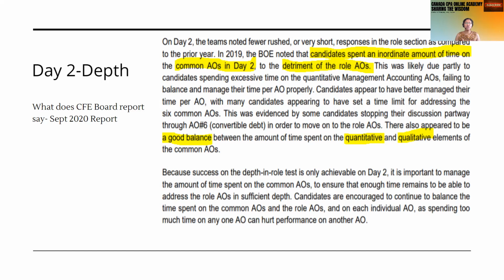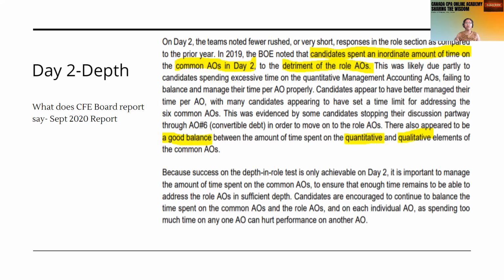Now, how I used to do it is, the first hour for reading, then I used to start with my role specific AOs. Some people would advise you to start with FR, some would say otherwise, so have a fixed strategy, experiment with that strategy, and then make a plan for how you're going to attack day two.